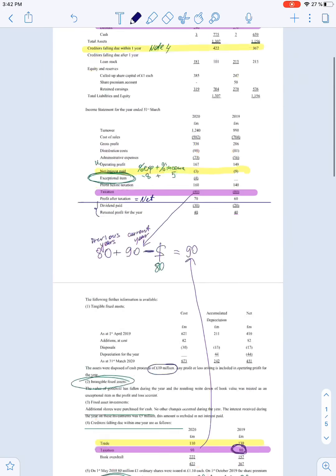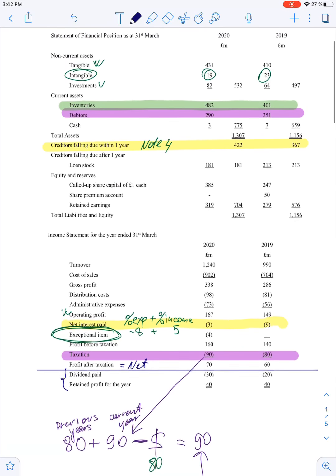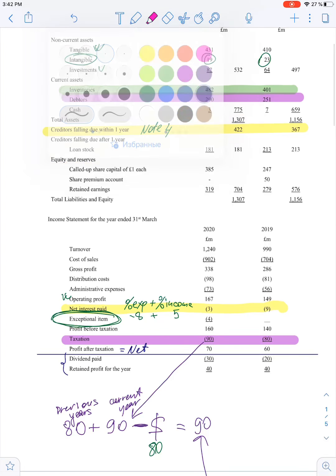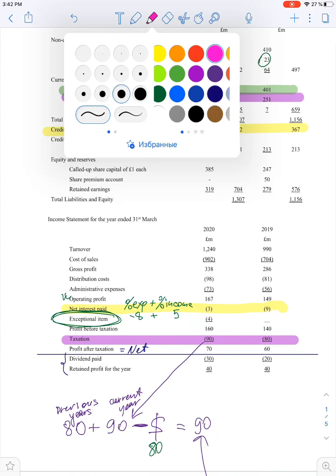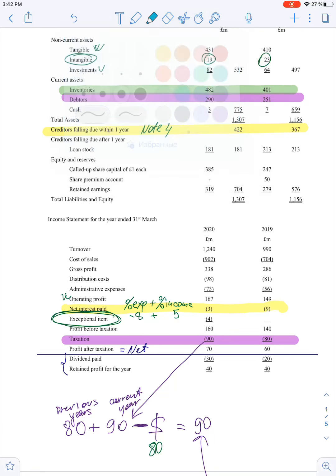So let's look at the statements of financial position. I will highlight it with that color, blue.